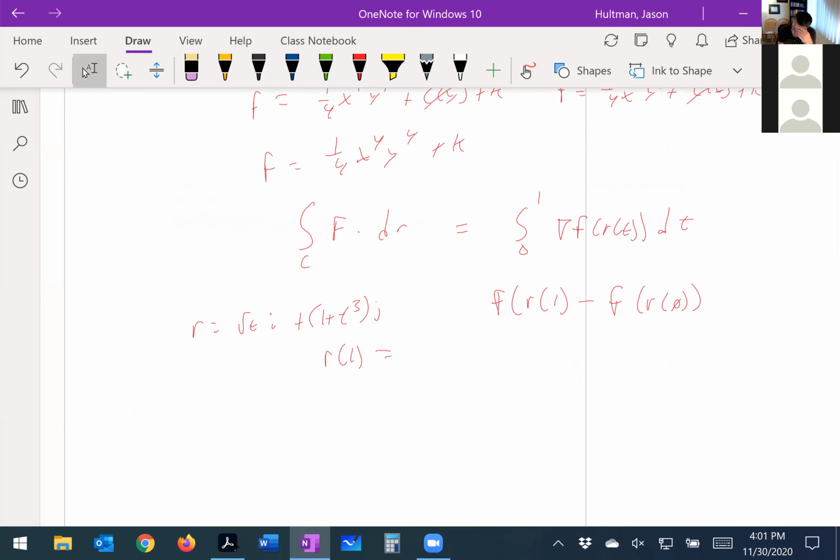So plug in 1 for t. We get the square root of 1 i plus 1 plus 1 cubed j. So that's i plus 2j.